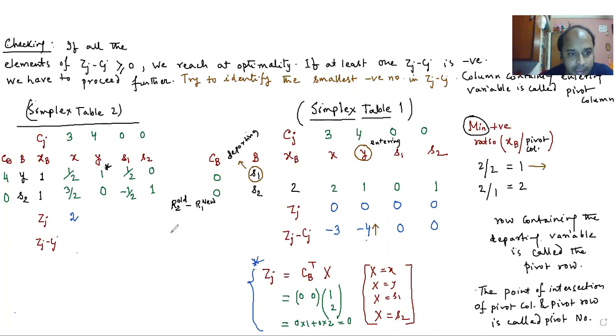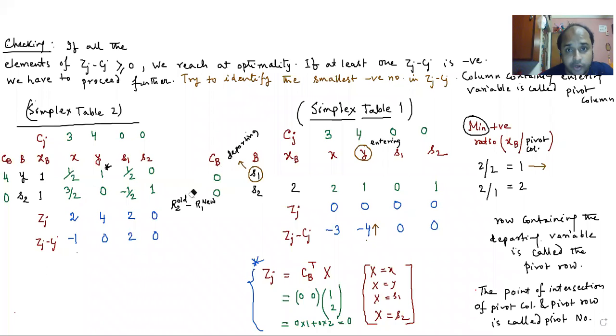I'm using this rule again. 4 into 1 plus 0 into 0, that is 4. 4 into half plus 0 into minus half, that is again 2. 4 into 0 plus 0 into 1, that is again 0. And Zj minus Cj will be 2 minus 3, that is minus 1. 4 minus 4, that is 0. 2 minus 0, that is 2. 0 minus 0, that is 0.